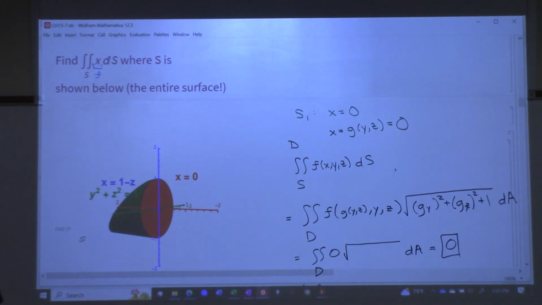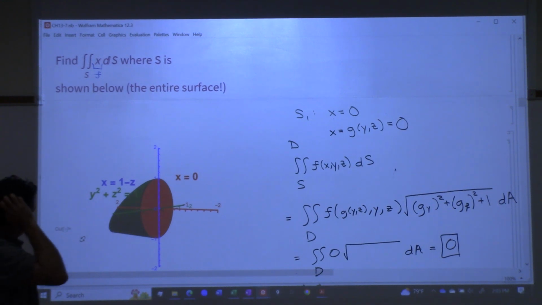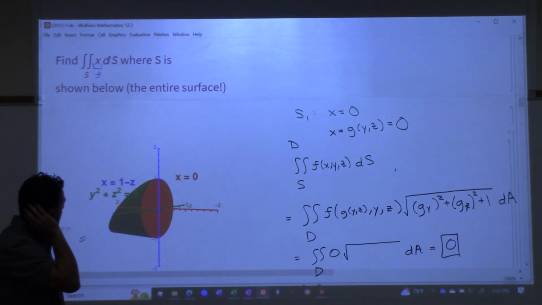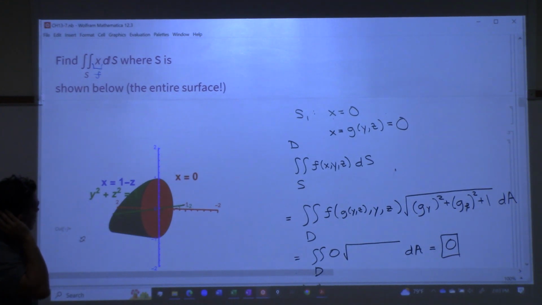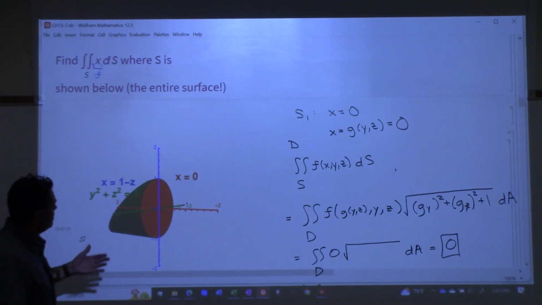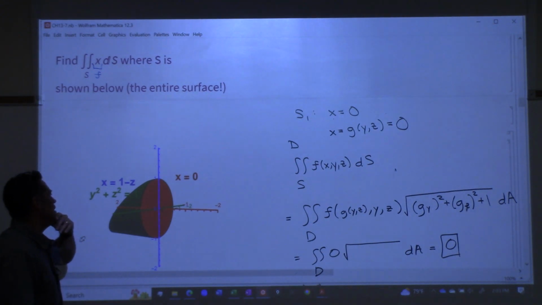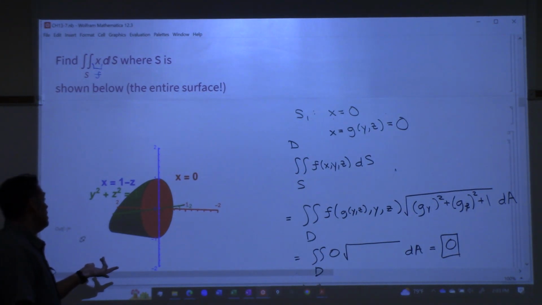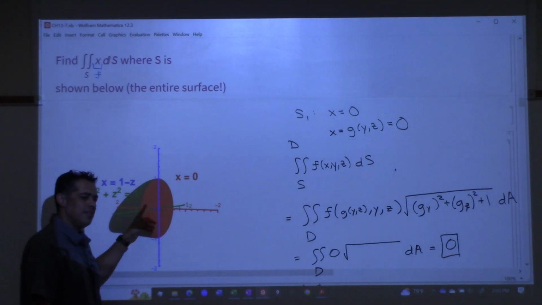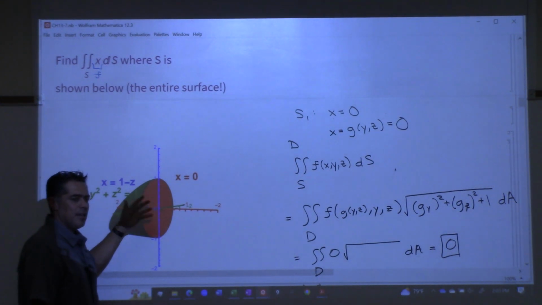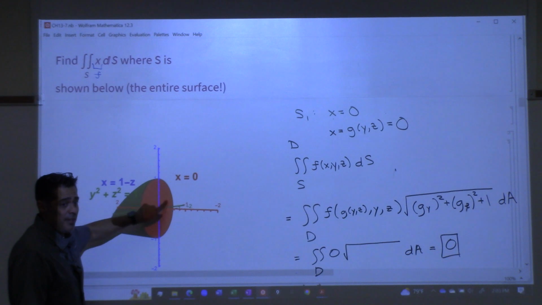Yes? Could you make the case again, like from the previous problems of symmetry, if you were given something like that? Well, it depends on how you want to talk about symmetry. Are you saying symmetry because it's a circle? Because it really actually wouldn't matter what this surface looked like.